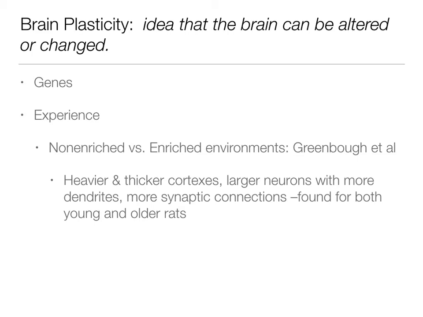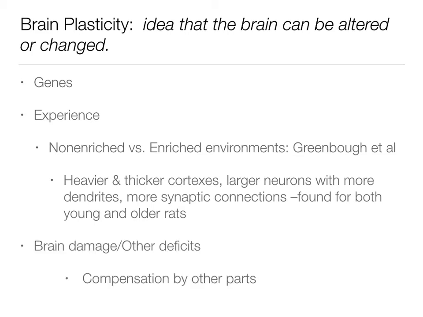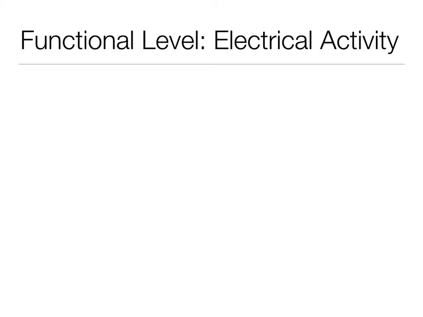Other things that can affect brain plasticity are brain damage and other deficits, and again, this is where that compensation comes in. Okay, next we're going to segue a little bit into function. As we talked about with the neurons, this is basically an electric circuit.